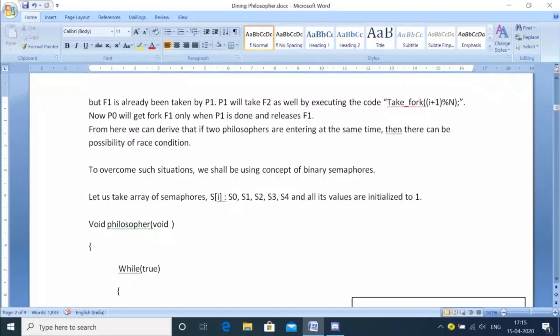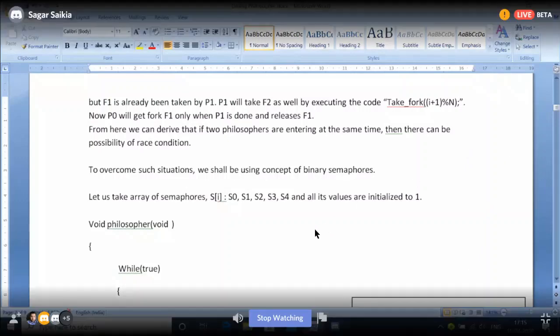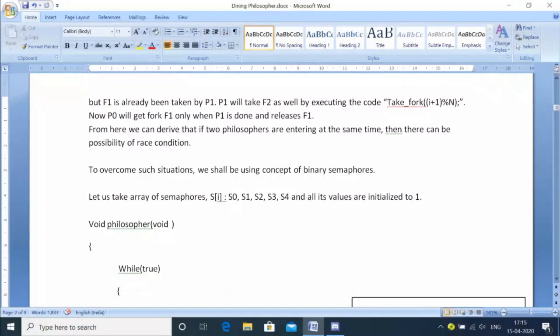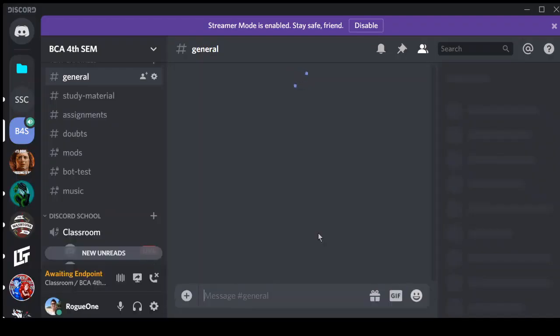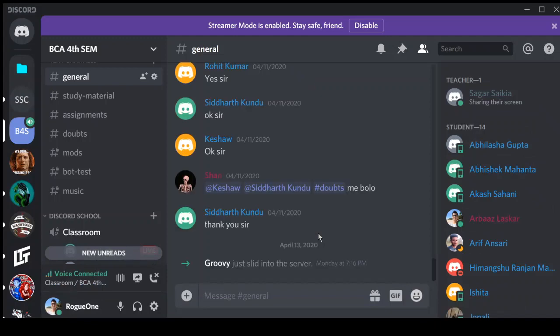So how can we arrange them? I've kept the subscript: we have process P0, so semaphore S0. Process P1. Process P2, semaphore S2. You can say these are the semaphores that we will be using from the array.